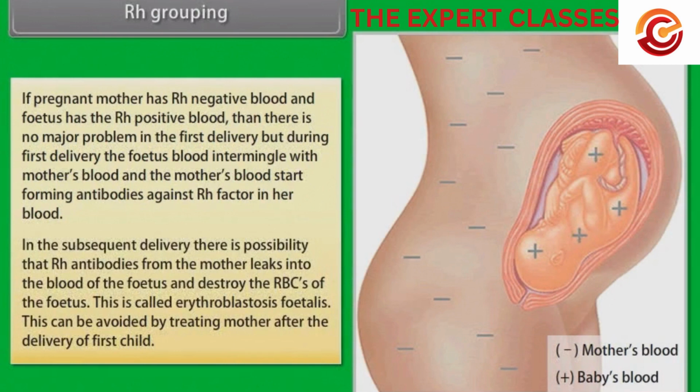In the subsequent delivery, there is a possibility that RH antibodies from the mother leak into the blood of the fetus and destroy the RBCs of the fetus. This is called erythroblastosis fetalis. This can be avoided by treating the mother after the delivery of the first child.